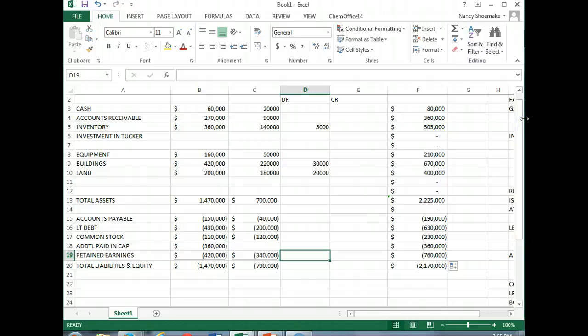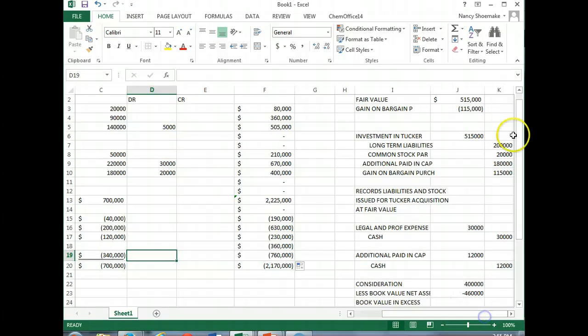The investment in Tucker. Long-term investment in Tucker, $515. Then we have our long-term liabilities, our common stock, additional paid-in capital, and gain on bargain purchase. We have our legal and professional fees and additional paid-in capital, correct? That we need to adjust for.